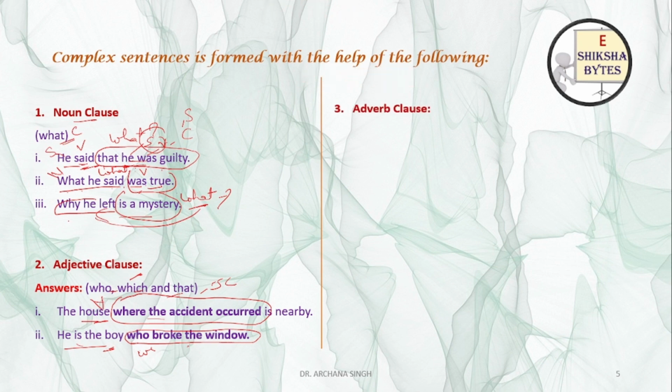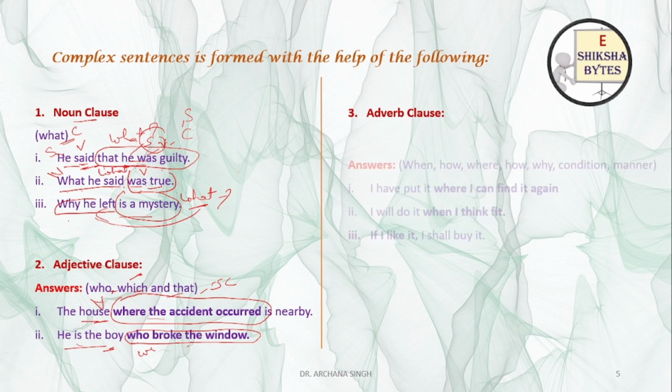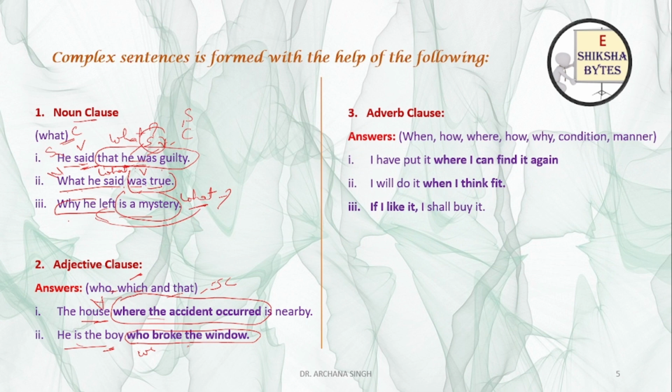Next is the adverb clause. Apart from what, which, who, that, if you get an answer, then it will be your adverb clause. You can say it is a group of words that qualifies a verb, adverb, or adjective. So when you get an answer of when, how, where, why, condition, or manner, then it will be your adverb clause.